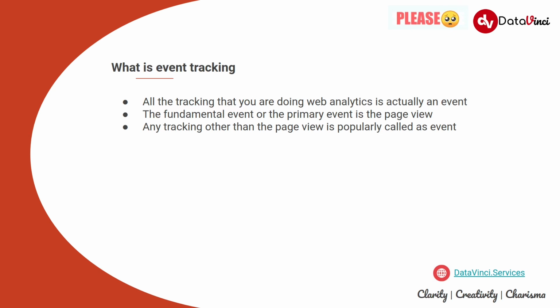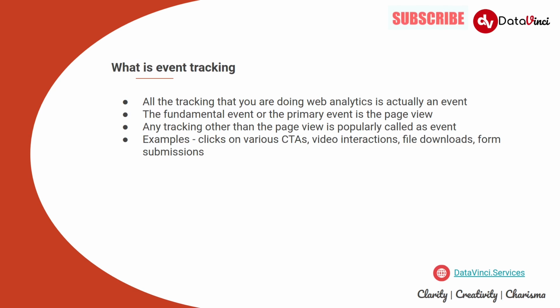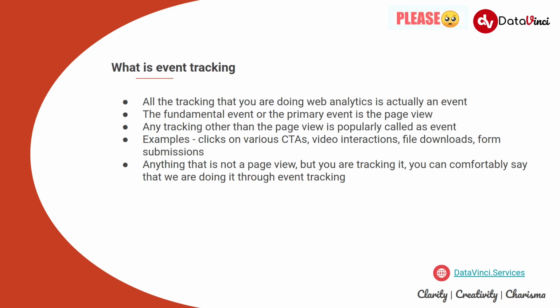Examples can be clicks on various CTAs, video interactions, file downloads, form submissions, anything that you are tracking through your web analytics or as a user activity and sending to your marketing platforms like Facebook or Google AdWords, or to your analytics. Anything that is not a page view call and you are tracking that, it is an event.